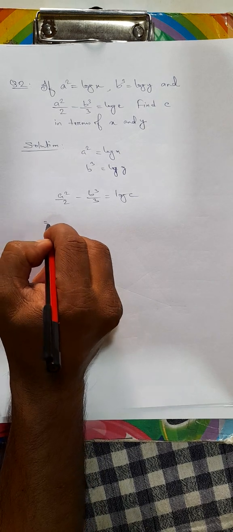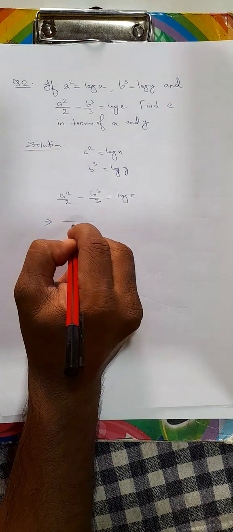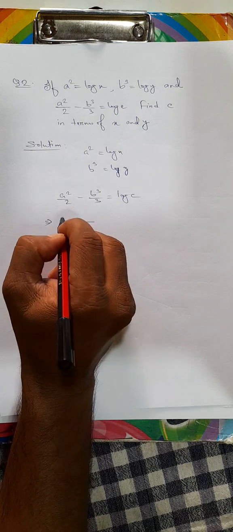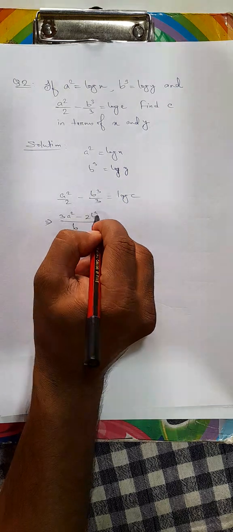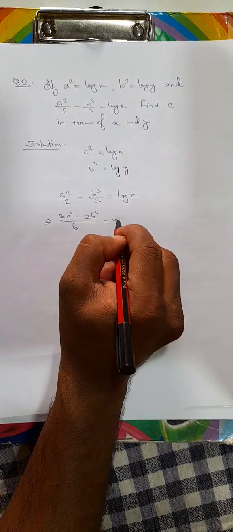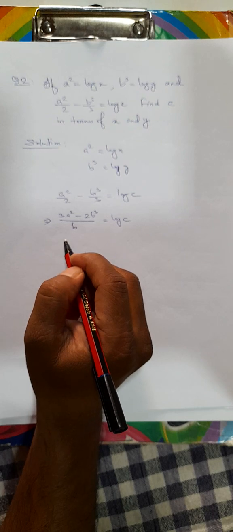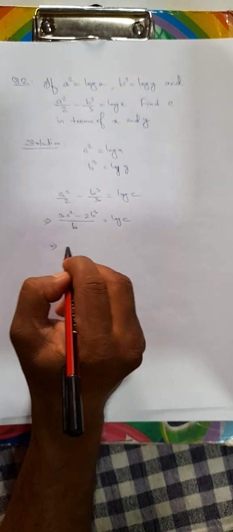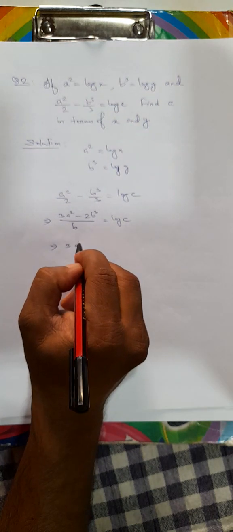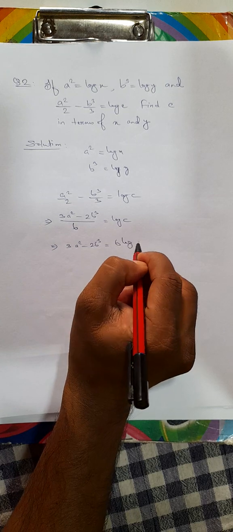Now let us simplify this. If you take the LCM, it is 6. So you get 3a square minus twice of b cube equals log c. So you can write it as 3a square minus twice of b cube equals 6 log c.